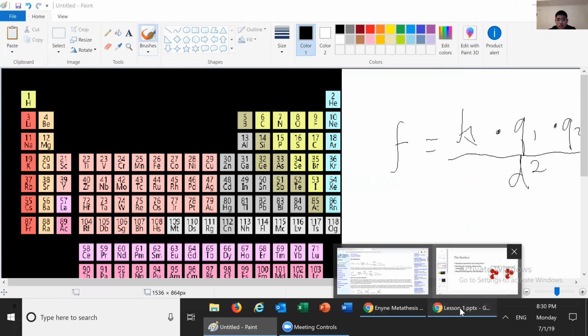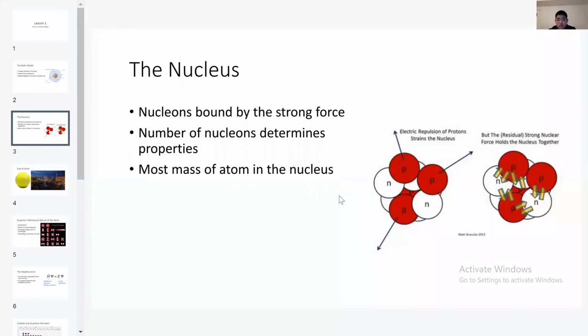Okay. So then what does the number of neutrons determine, right? If we have two nuclei and they have the same number of protons each, let's say they each have 6 protons.